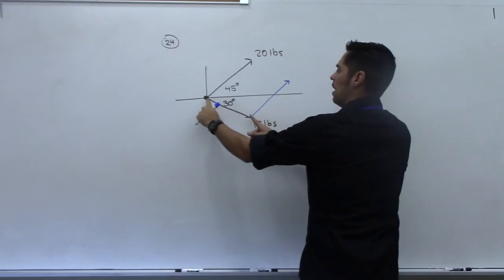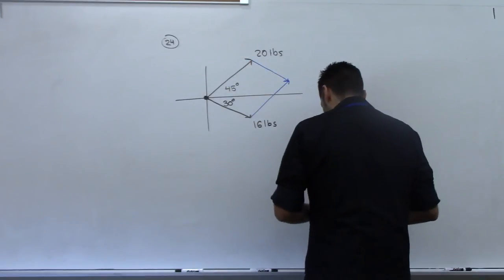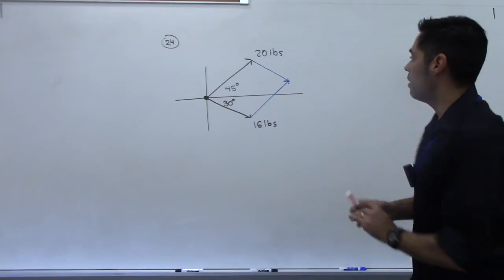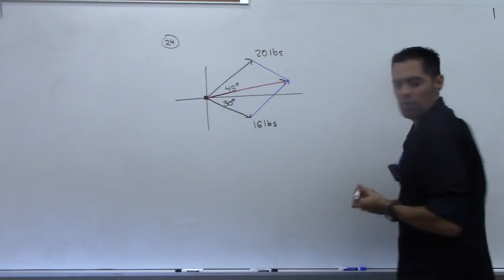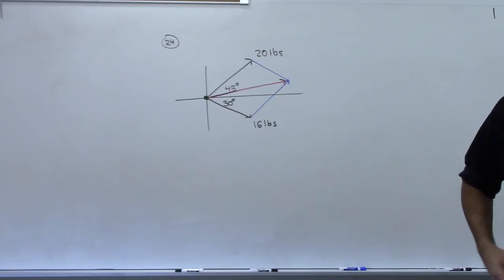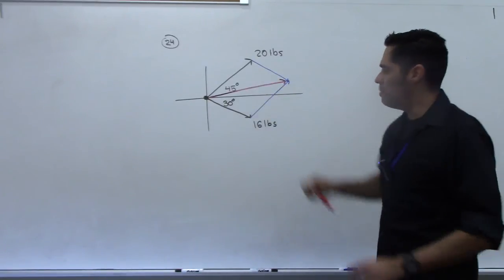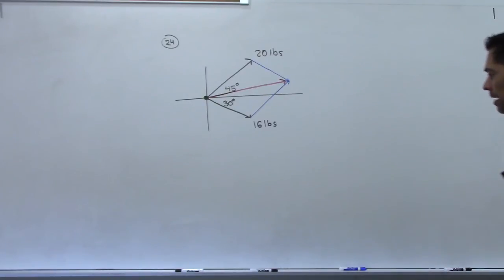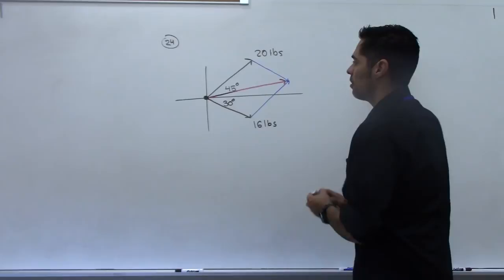Or if we were to take this vector and slide it up, it'd be like that. So the resultant vector of those two together should be this vector. And we're trying to find out how long this vector is and the angle that the red one is making. What would really help me here is to convert these two vectors into their component forms.